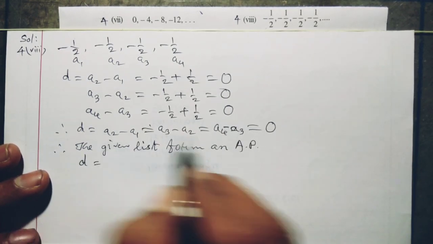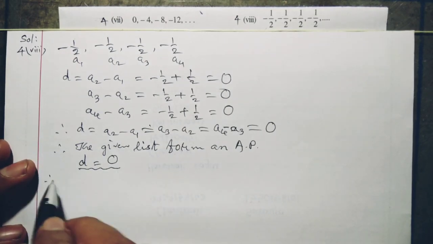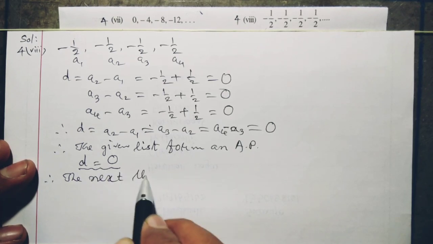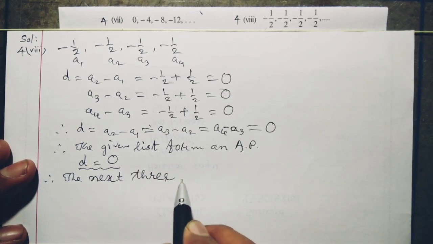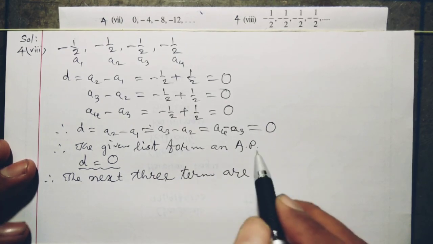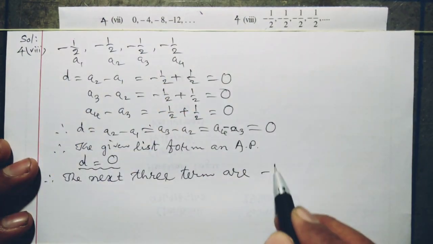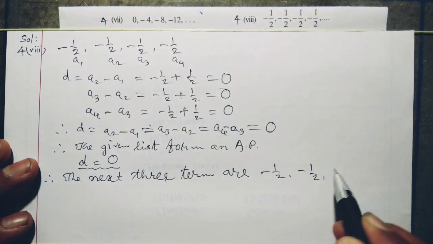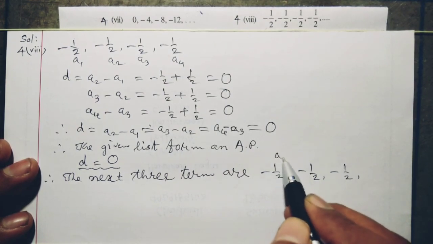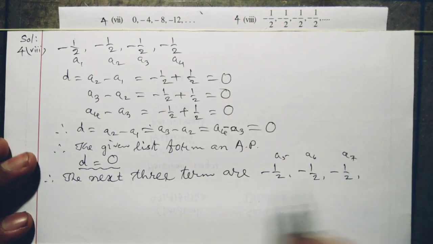Common difference already mentioned, 0. The next three terms, without calculating, we can write as a constant AP: minus 1 by 2, minus 1 by 2, minus 1 by 2. These are the 5th, 6th, 7th, next three terms.